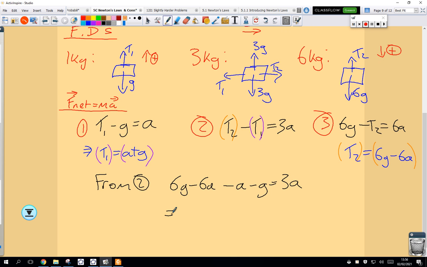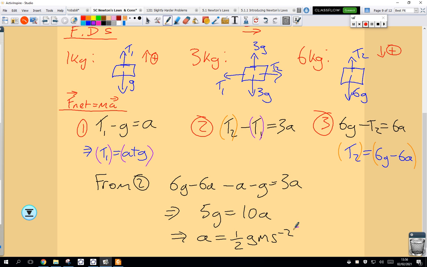Make a the subject of the equation. On the left hand side, 6g subtract g, that's 5g. Adding 6a, adding a on both sides, so adding 7a on both sides, we get 10a. So the acceleration of this system is going to be 5g divided by 10, or 1/2 of g, or g over 2 if you want, meters per second squared.